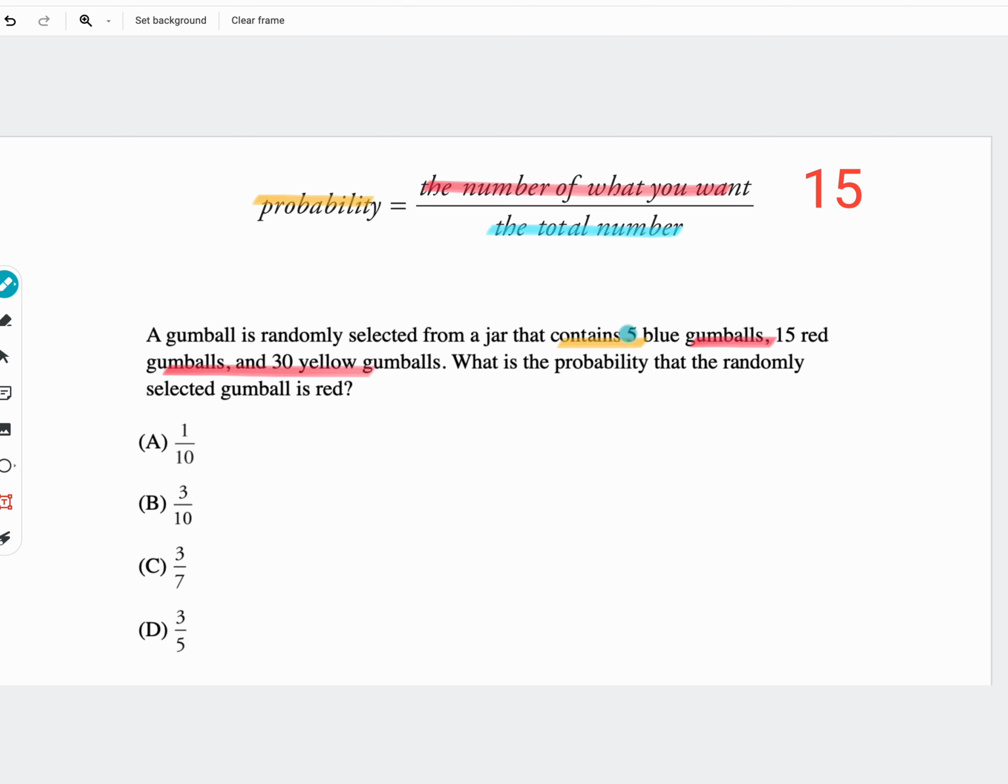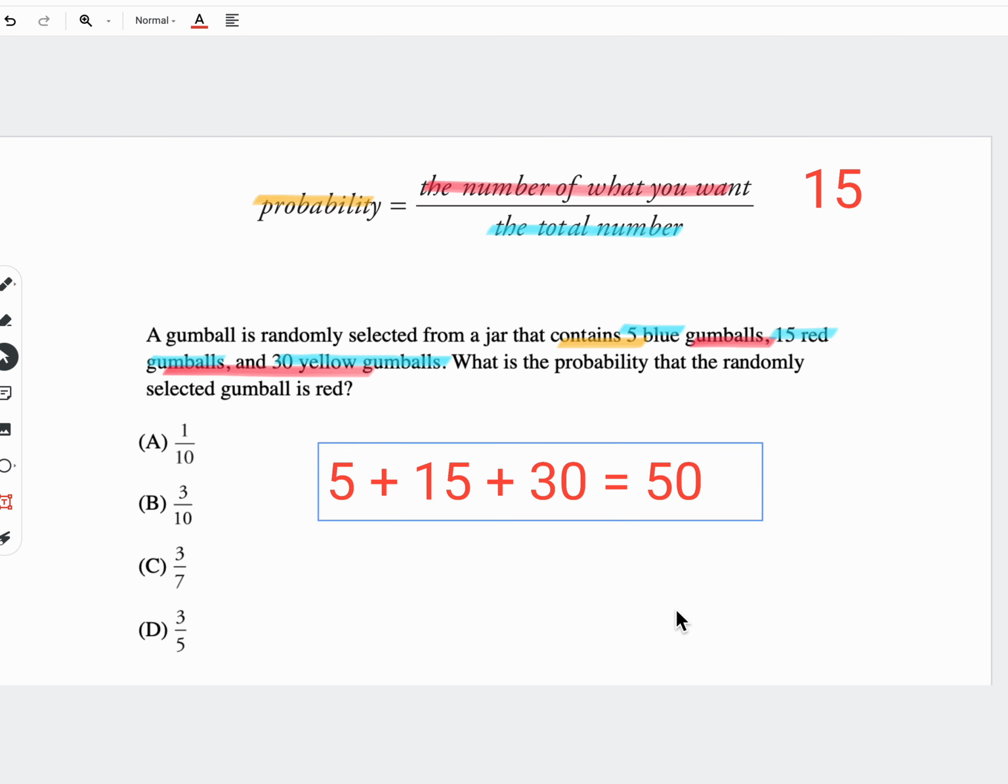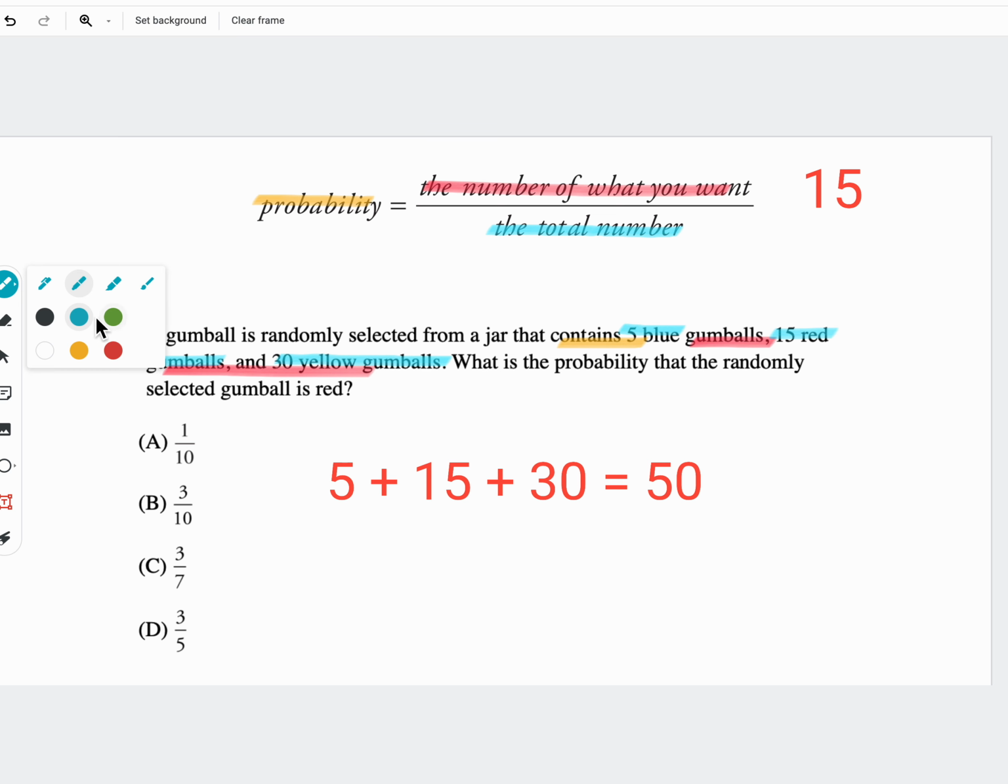We have 5 blue gumballs, 15 red gumballs, and 30 yellow gumballs. Let's add our gumballs together. 5 plus 15 plus 30 will give us a total of 50 gumballs. Therefore, the probability will be 15 divided by 50.